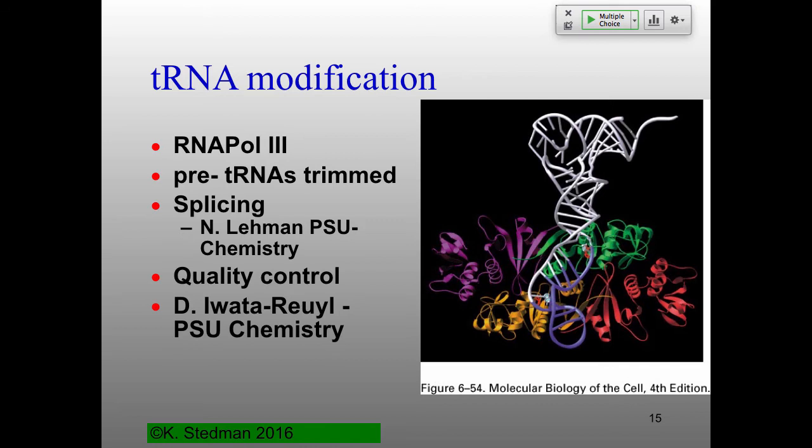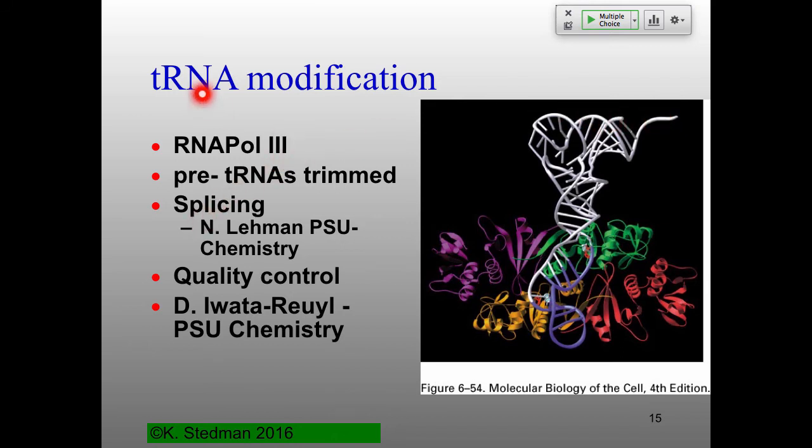So splicing is happening. Another thing that happens is your primary transcript, just like we had with our messenger RNAs and the ribosomal RNAs, is longer than the final tRNA. It gets chopped at the end. This chopping process actually happens also through an RNA. And in some cases, you're going to add a couple of nucleotides at the end here where that amino acid is going to get attached as well.